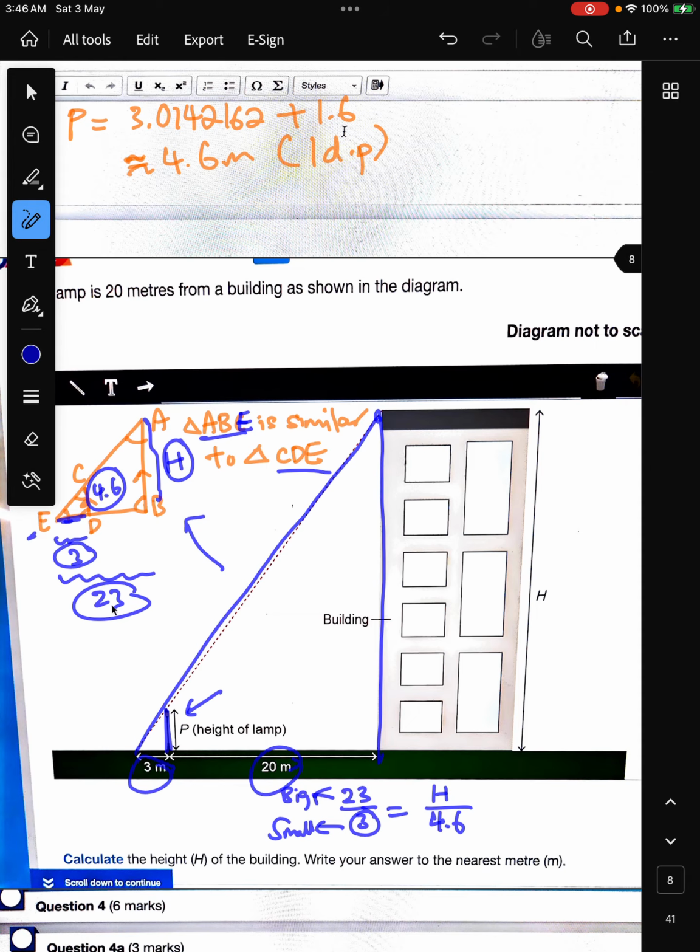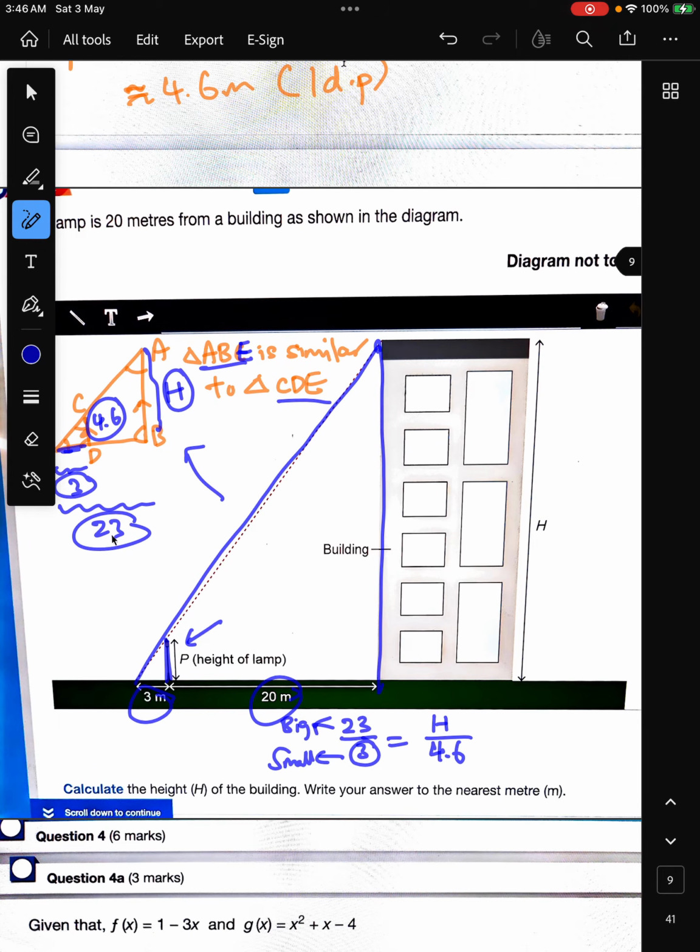So we just formulated an equation, and if we could solve this equation, we should be able to find the height. To find the height, I'll take 23/3 times 4.6. If you put this on the calculator and round it to the nearest meter, that should give you 35 meters in this case.